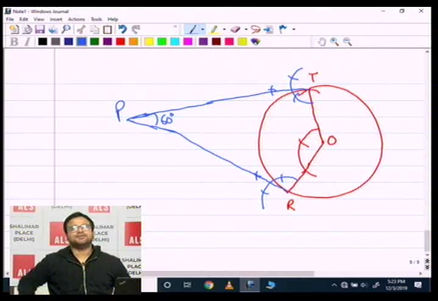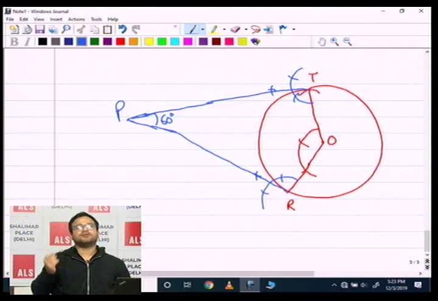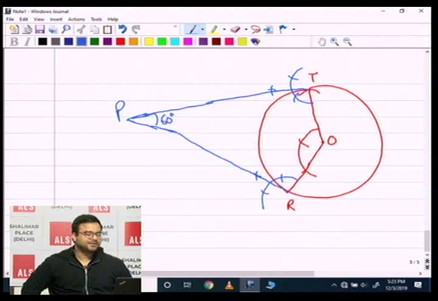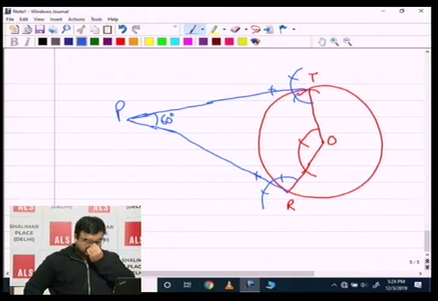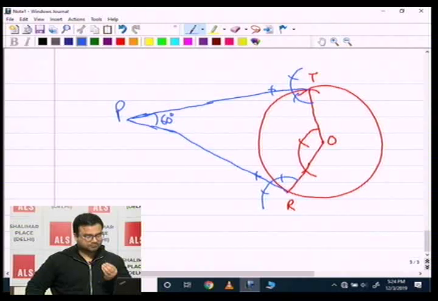Okay, that's great, CC4. Now measure with the help of a protractor also that this angle P should be 60 degrees. Are you getting it? That's great, perfect.